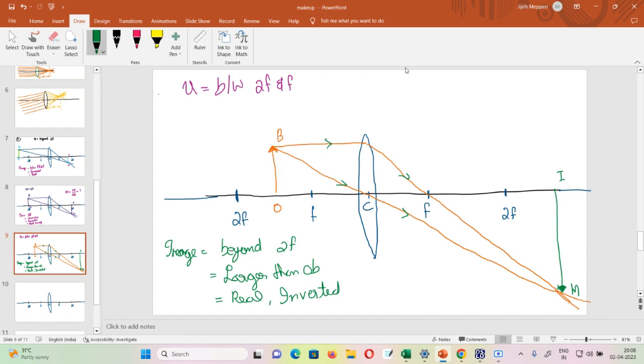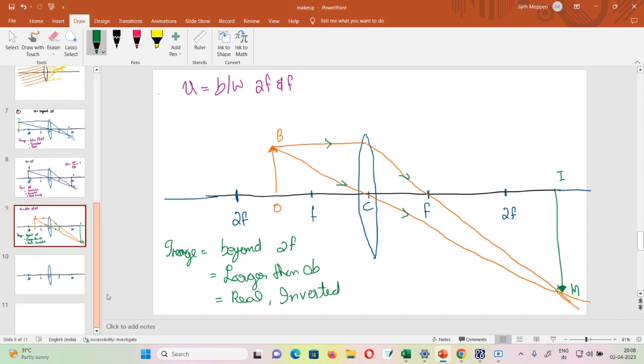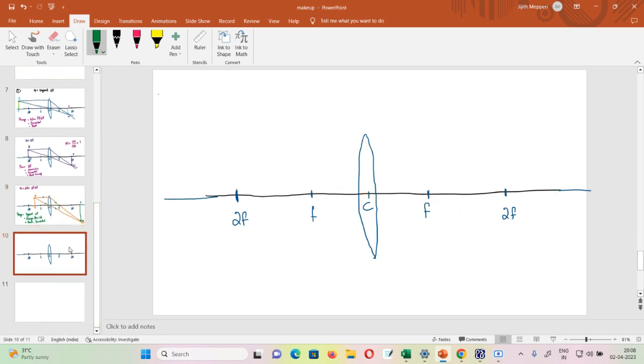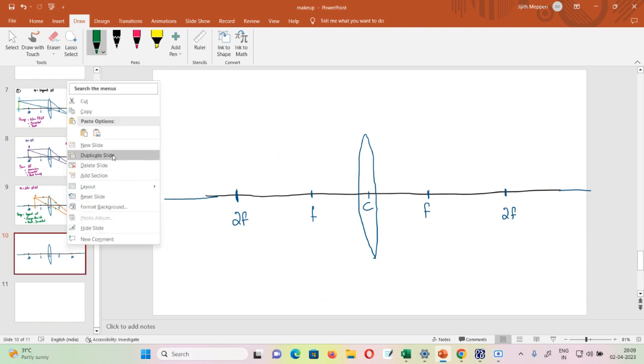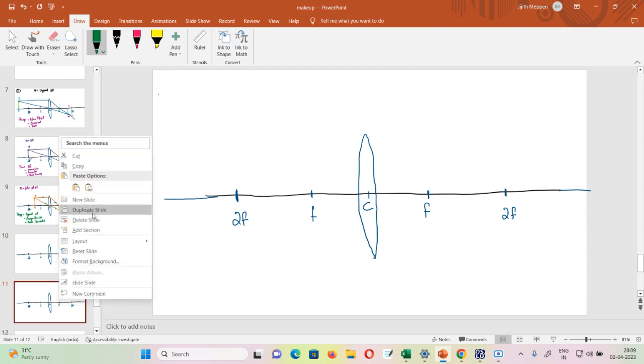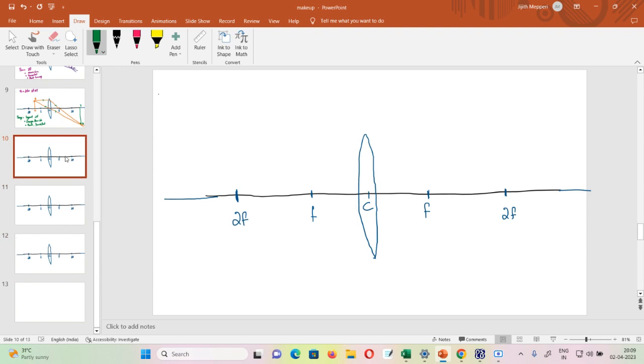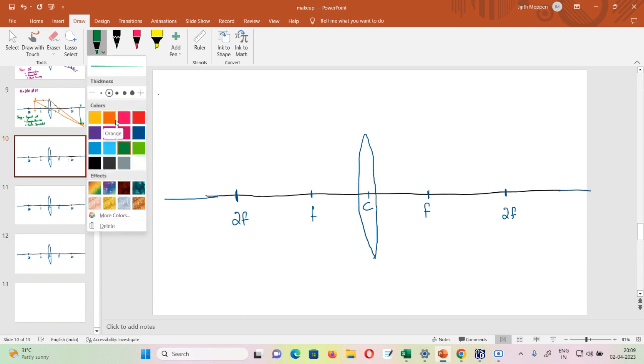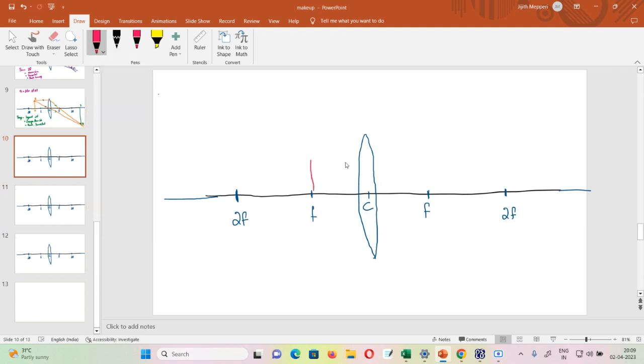Okay, now we can go for another condition where we are going to keep our object at the focus point, the focal distance of the lens. Let's see what will happen if my object is at the focus of the lens.